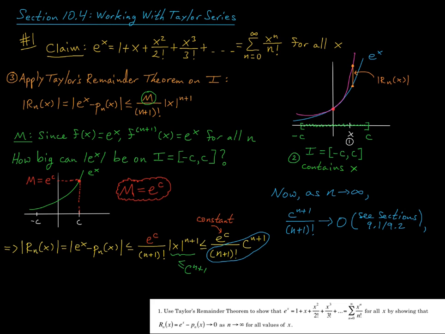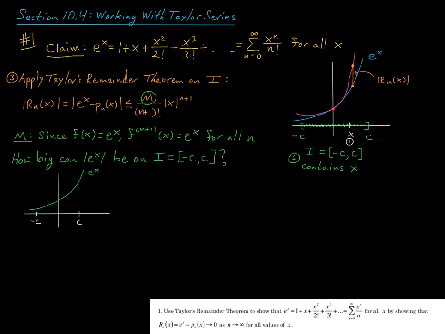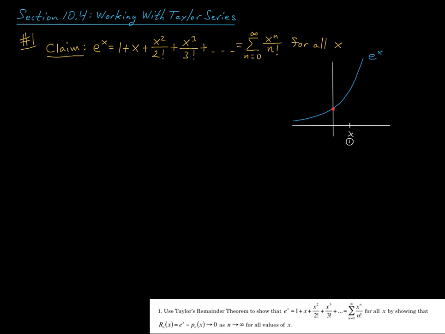And since Rn of x is bounded above by this thing in absolute value, that implies that Rn of x must then approach 0. So that's exactly what we set out to establish. So now let's go ahead and draw our conclusion.